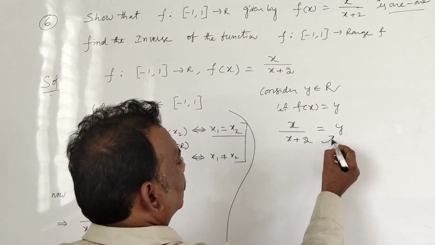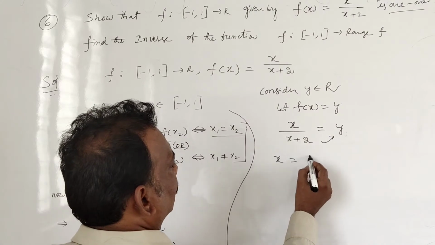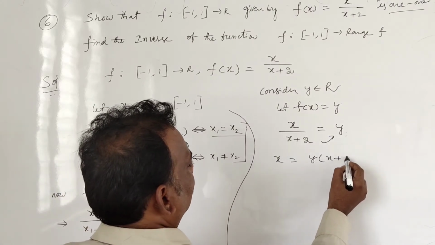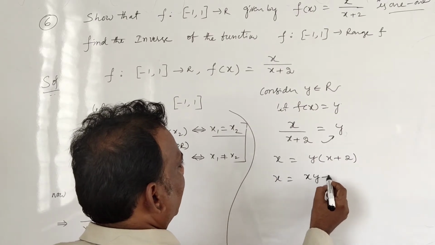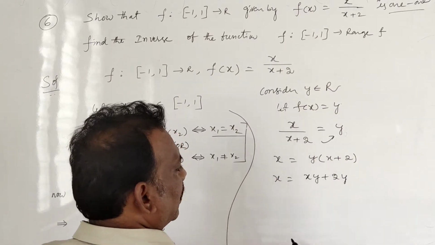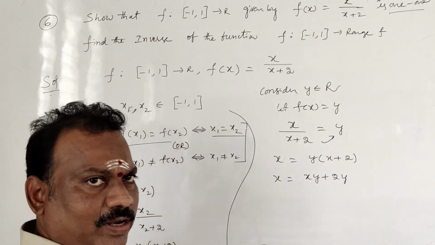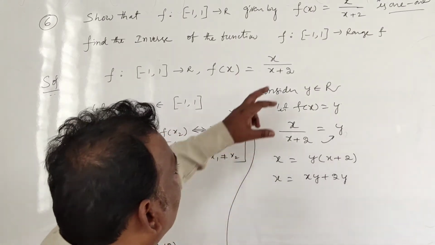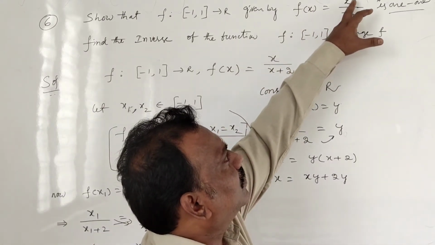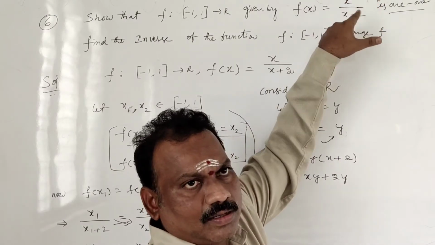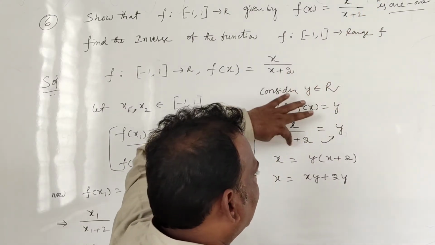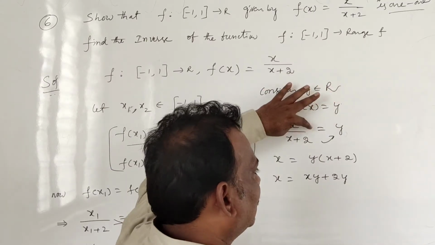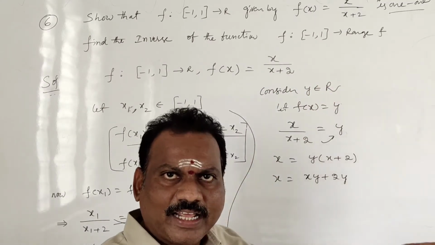So taking cross multiplication, x is equal to y into x plus 2, x is equal to xy plus 2y. Now, what is your aim? Here the values are in terms of x, but we need x as the subject in terms of y.